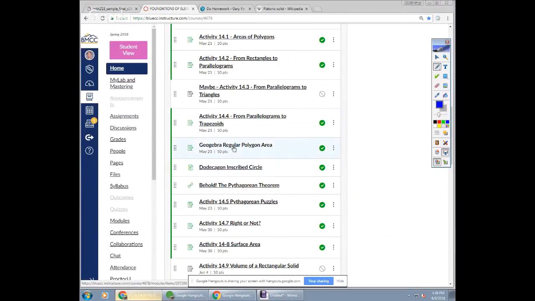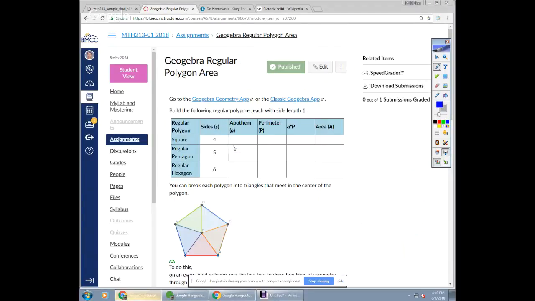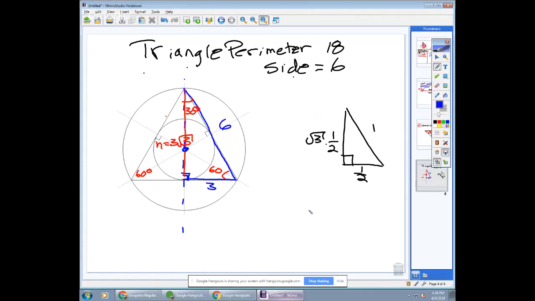No, not that one. Geometry regular polygon. The apothem. That's right. To get the apothem, we have to find the central point of the regular polygon. And one way to find the central point is to take a couple of lines of symmetry and find where they meet. So this is not only the center of the triangle, it's the center of the circles too, that midpoint right there.